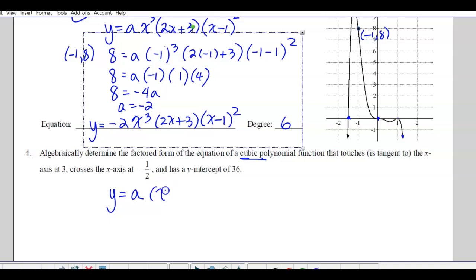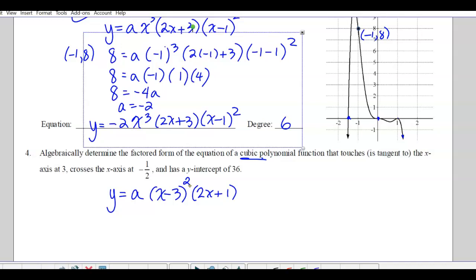Factors, so x minus 3, 2x plus 1. Okay, obviously if we left it like that, that's degree 2, so that doesn't make sense. So it says it's just tangent to the x-axis at 3. That means it's got to have an even degree. Okay, so that'll be degree 2.